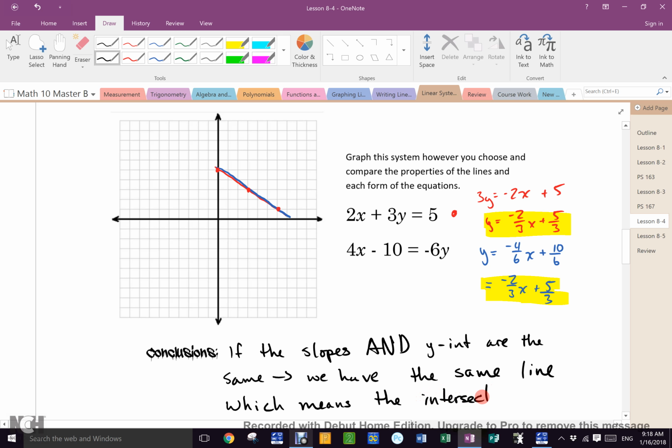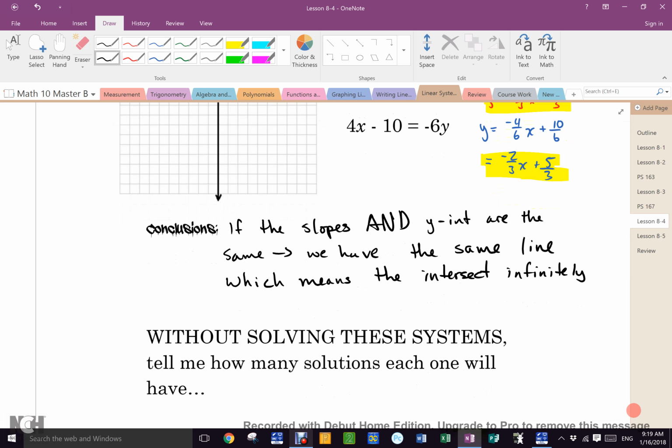They intersect infinitely. Everybody good? Yeah?